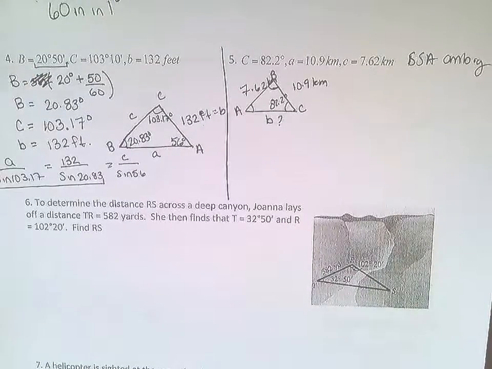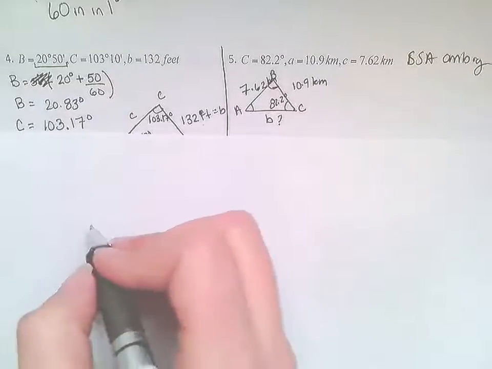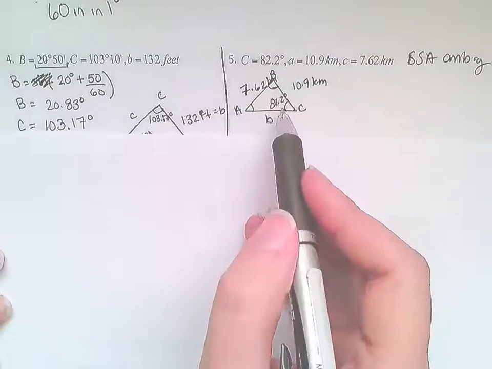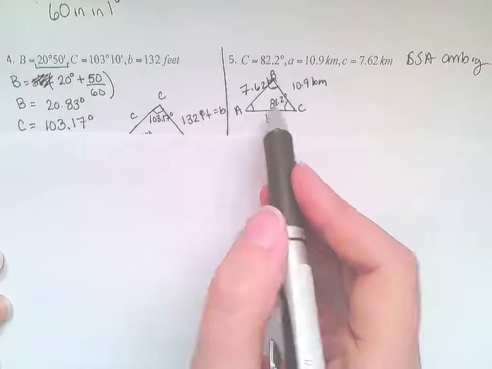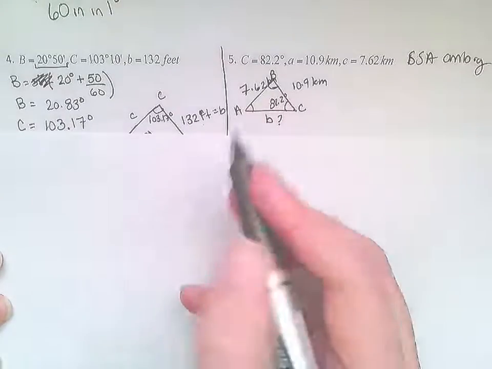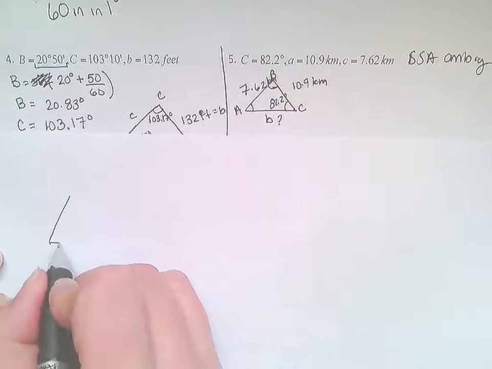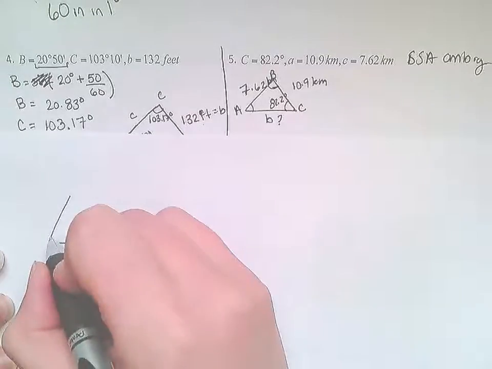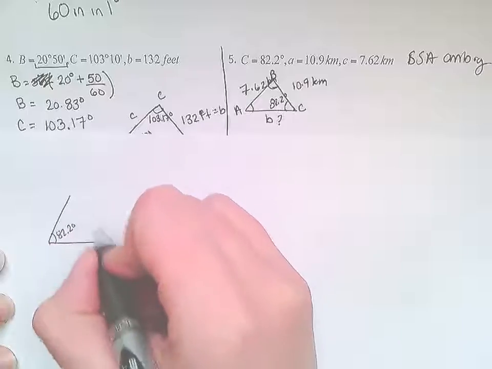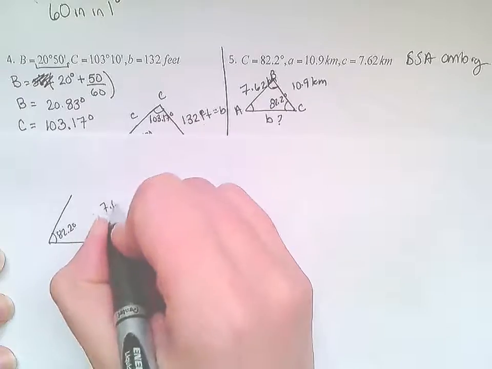The reason why it's ambiguous is this. If I was to actually draw this to scale, 82.2, its corresponding side is about 7.62. So 82.2, let's say, looks about that much. And they told me that this side is 7.62.